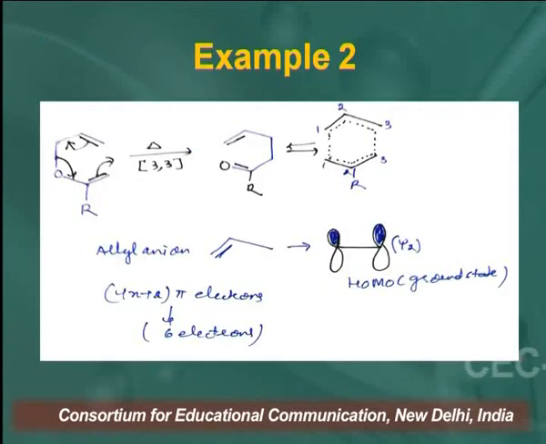Learners, another very important example of the Claisen rearrangement is on the screen, a substituted allyl vinyl ether. I am repeating again, Claisen rearrangement takes place with compounds having allyl vinyl ether or aryl vinyl ether, or compounds having allylic groups.